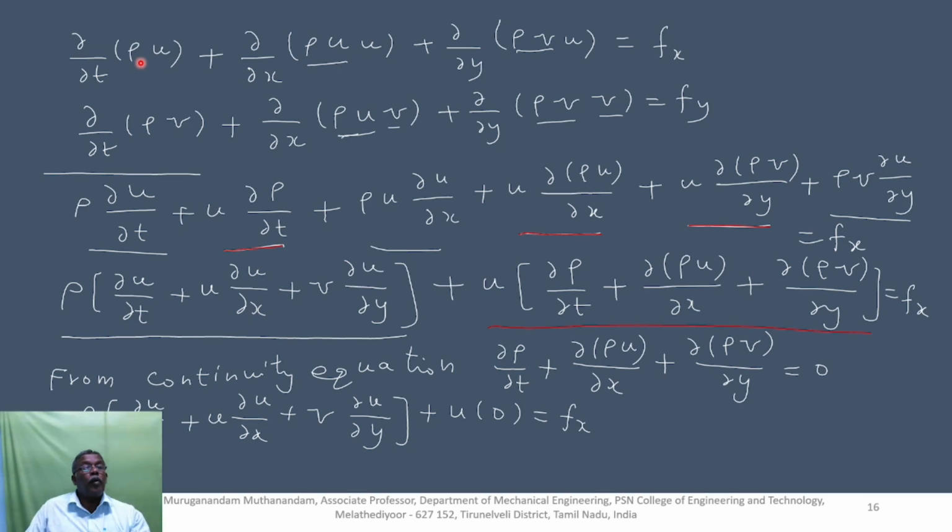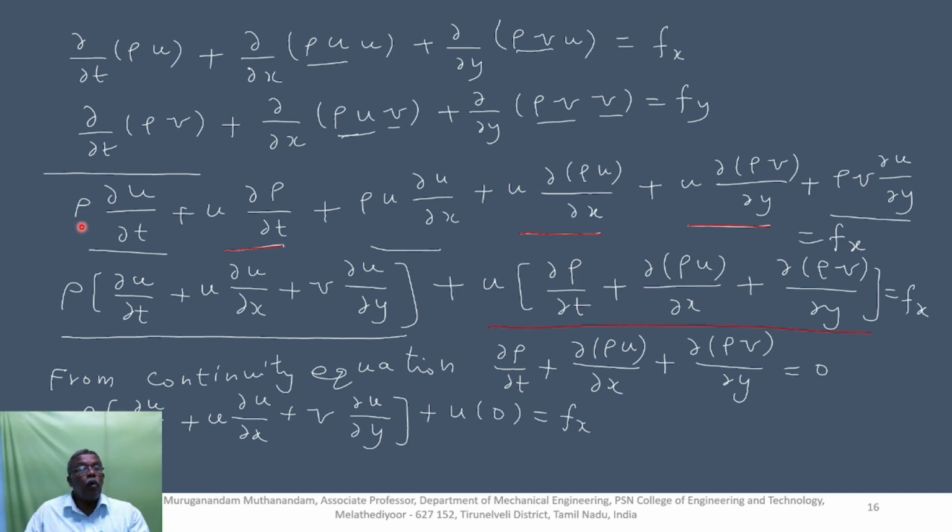Rho and u are a product which can be written as rho partial u upon partial t plus u partial rho upon partial t. Similarly, rho u is taken as an element and u is another element. We differentiate the product: rho u partial u upon partial x plus u partial rho u upon partial x. Similarly, rho v is taken as an element, u is a separate element: u partial rho v upon partial y plus rho v partial u upon partial y is equal to fx.